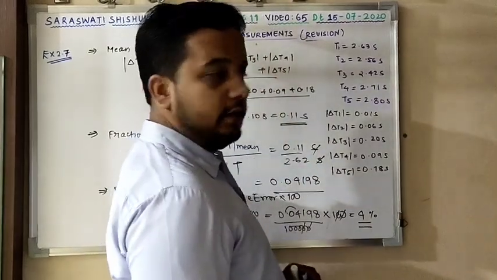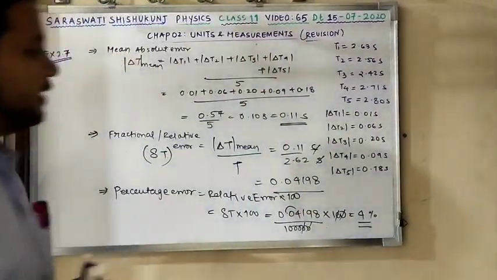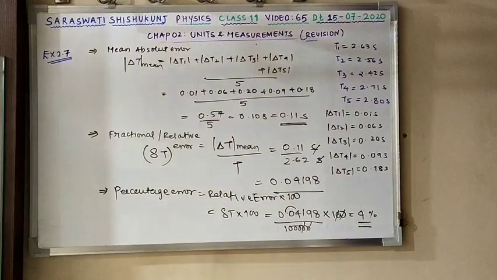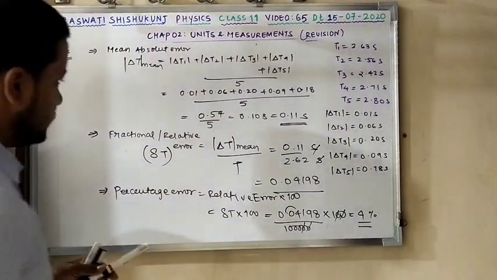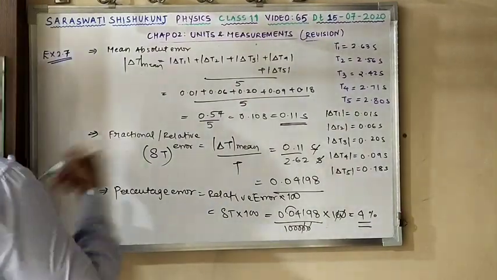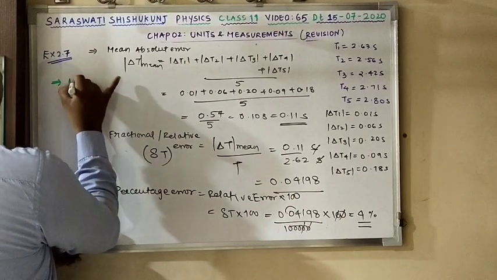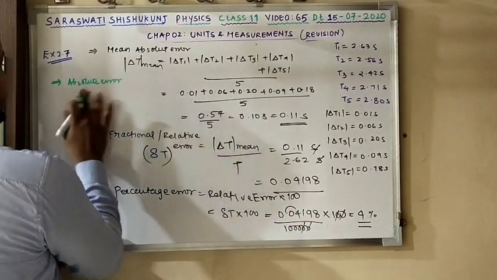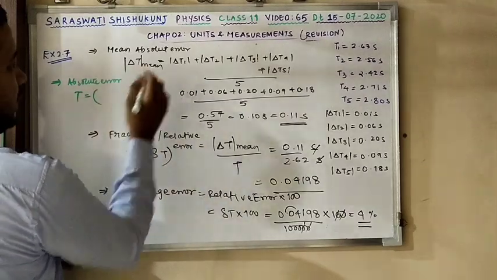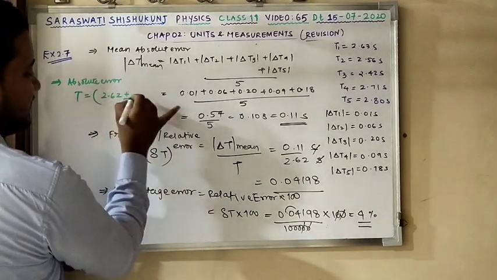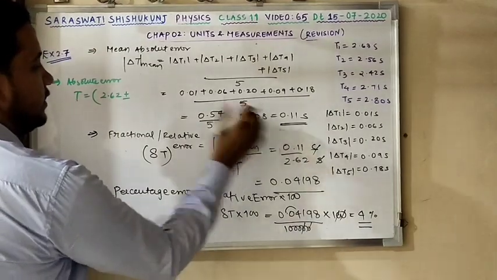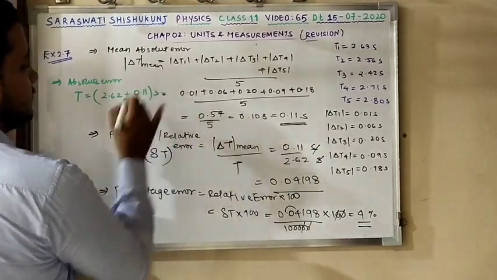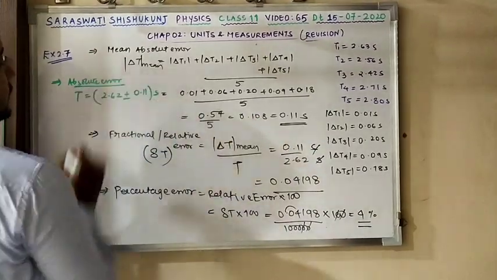Now they are asking us to express the result in proper form. In the proper forms, first I can express in absolute error form. If I want to express in absolute error form, I can write the quantity T equal to the true value, 2.62, plus or minus your mean absolute error, which is 0.11 seconds. This is in terms of absolute error.